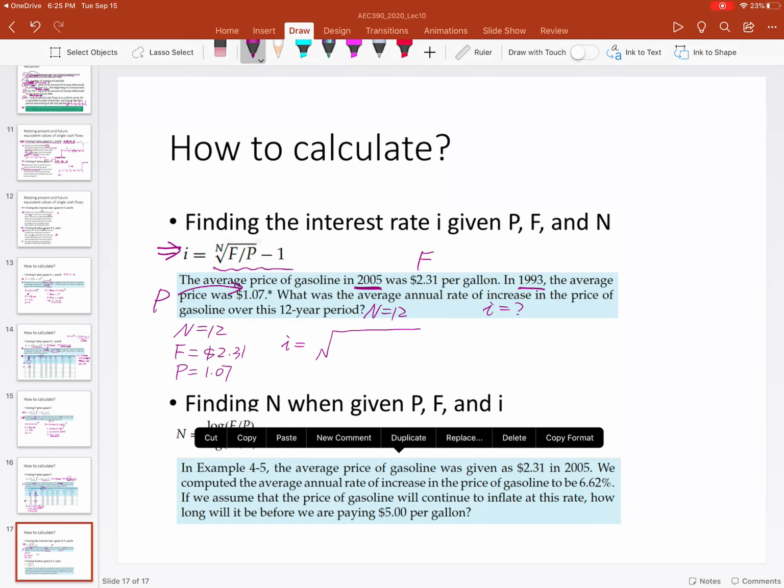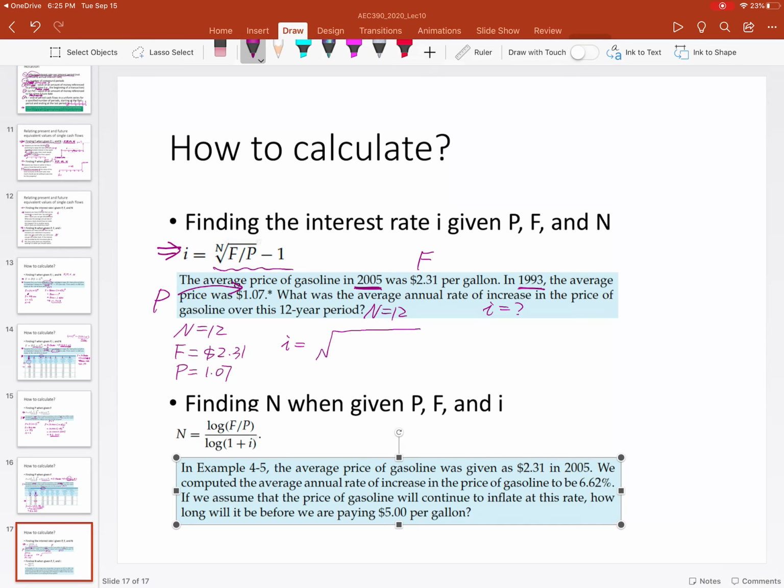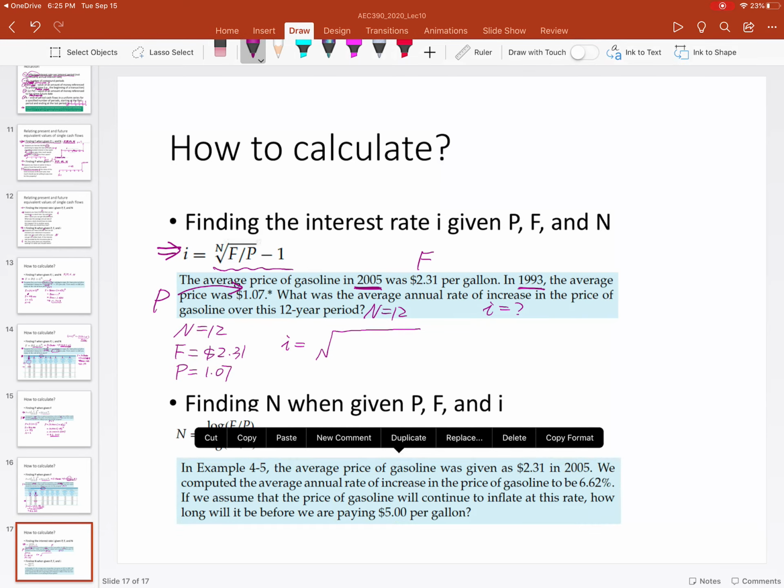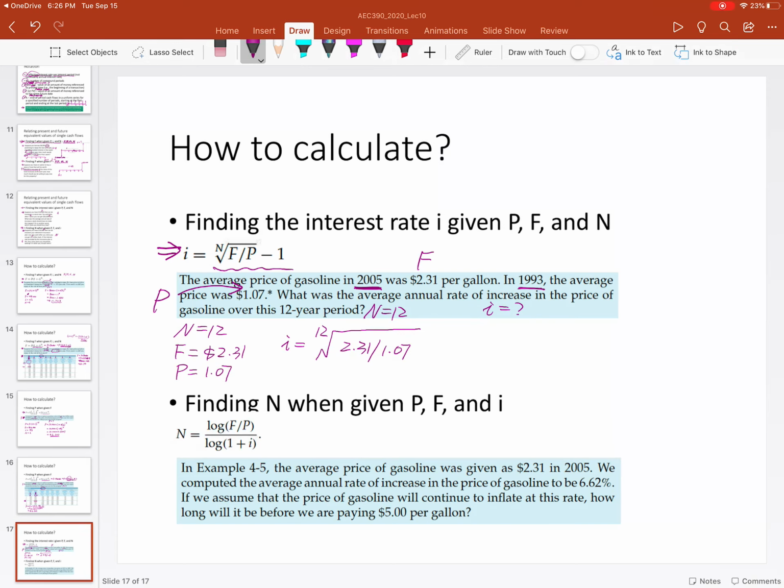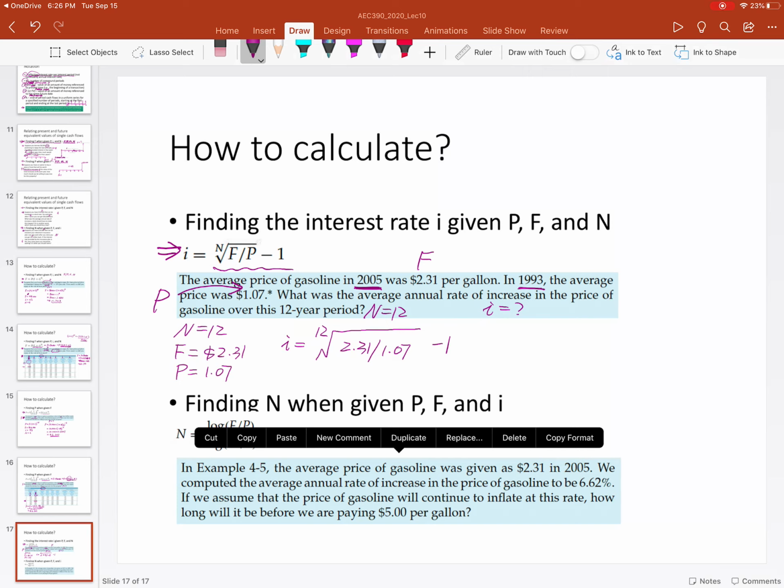What is the I? So I is, you can substitute the letters with the given values. It's 2.31 over 1.07 to the power of... well, it's not negative 12, it's 1/12. That's the root, okay? Minus 1.